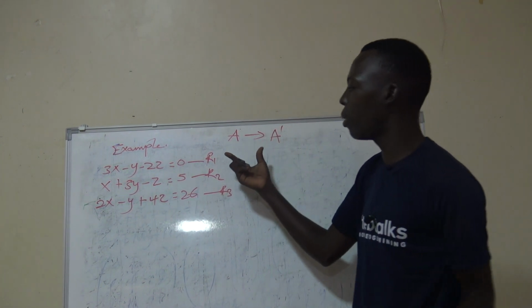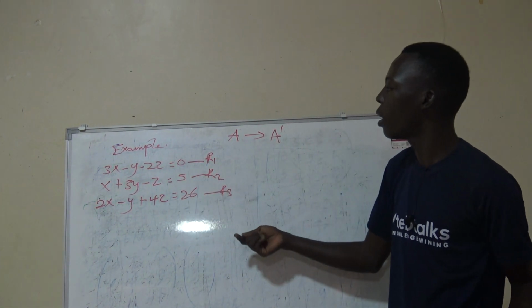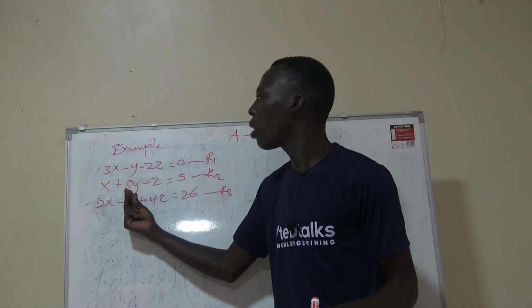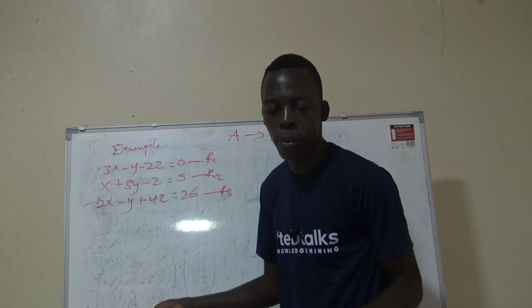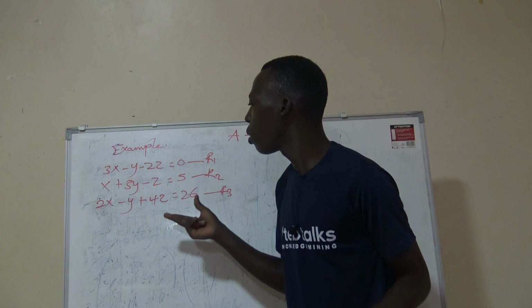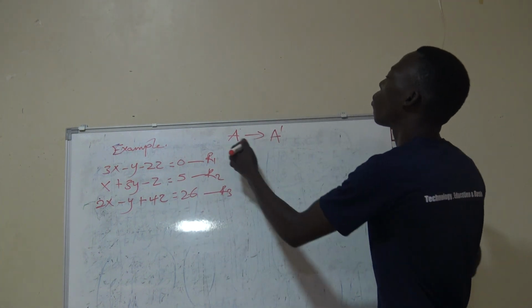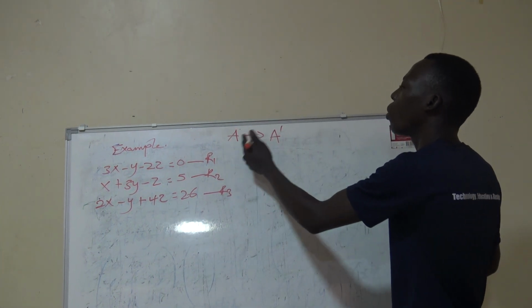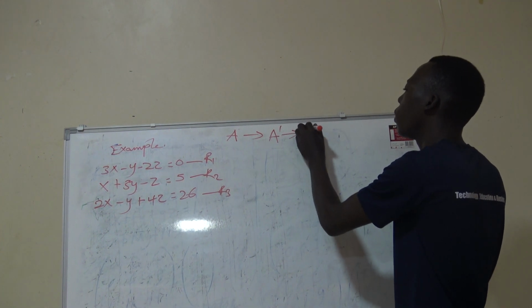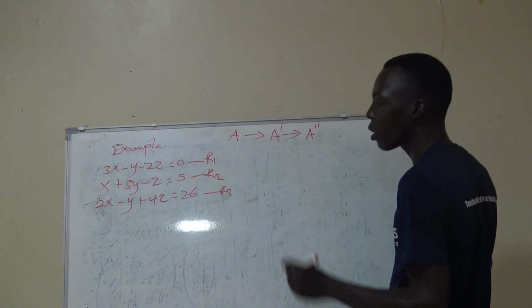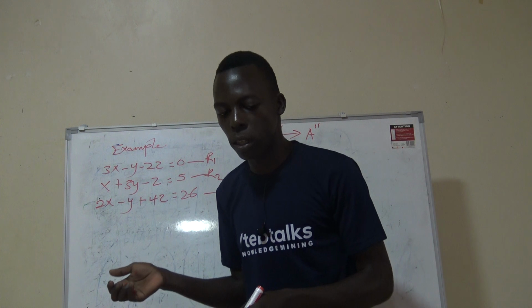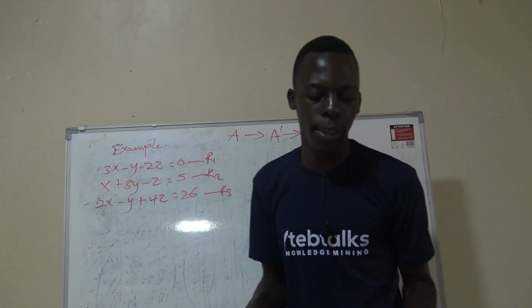So this is the thing which we are going to deal with here. When we are dealing with row reduction to echelon form, we do it 3 times. So that means we are transforming from A to A prime, then to another one which is A prime prime. Those are the 3 things which we deal with to reach the final answer.